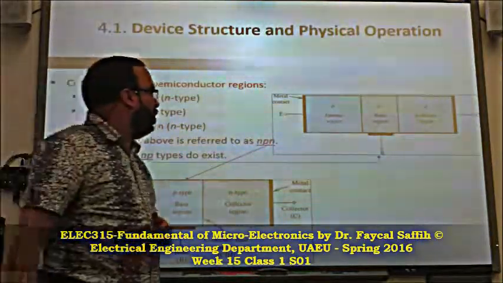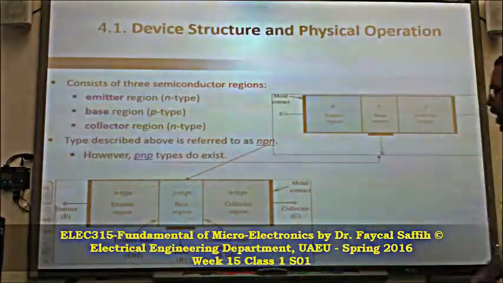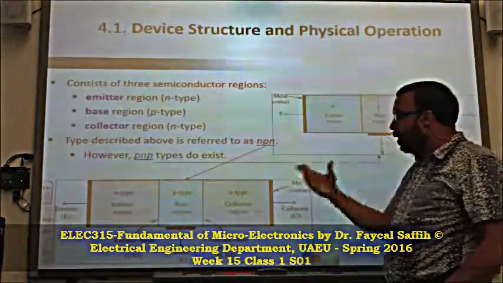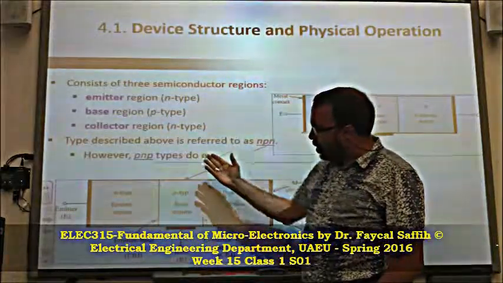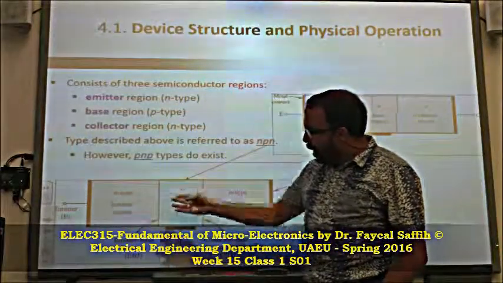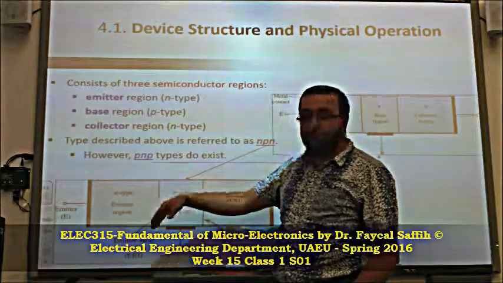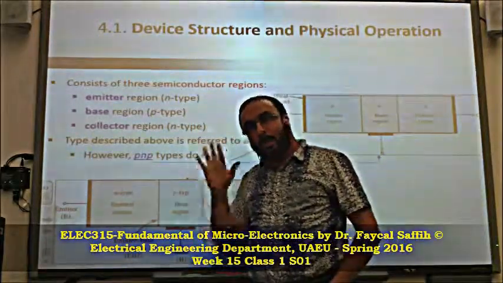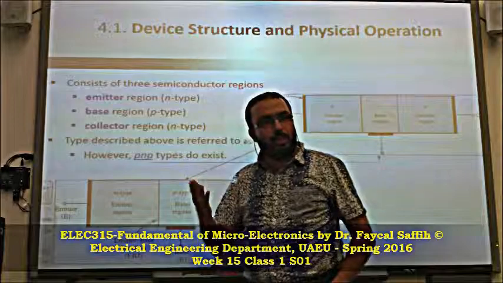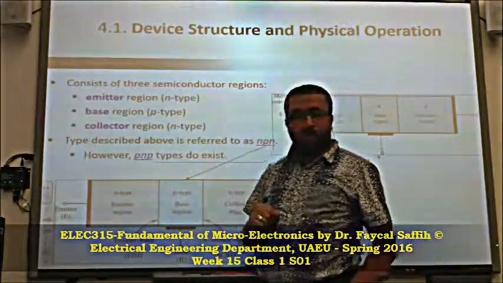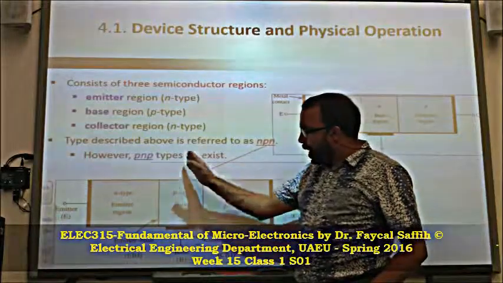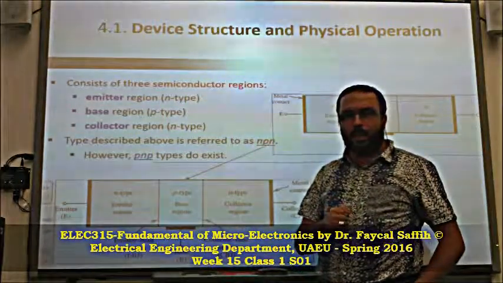This is the view. It's not the exact physical view; we'll get to that in a second. Typically, the BJT transistor is composed of three regions. When we say region, it means doped. So we have two N-doped regions of semiconductor sandwiching a P-type semiconductor in between.